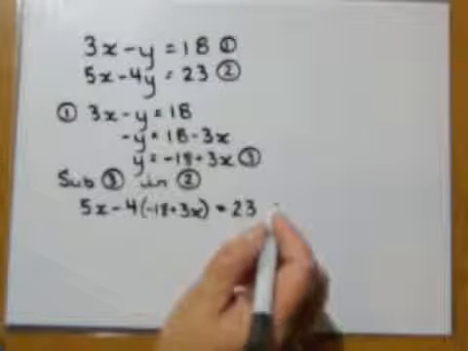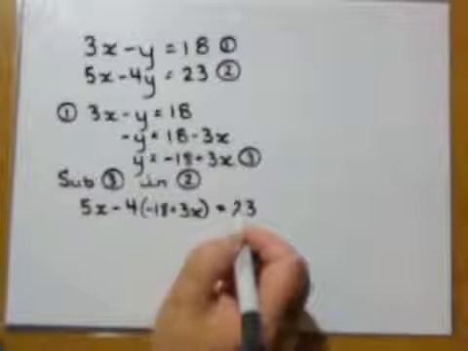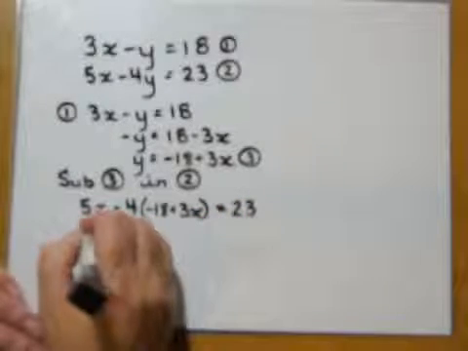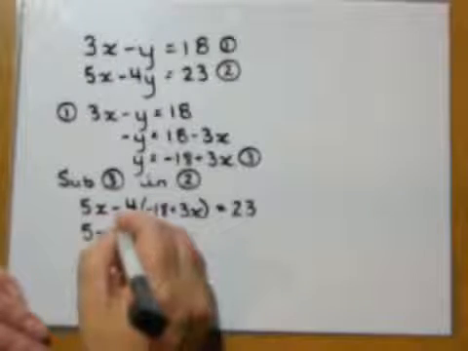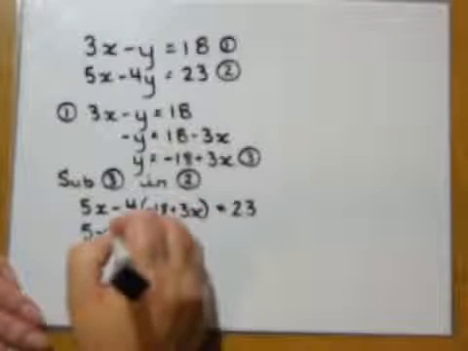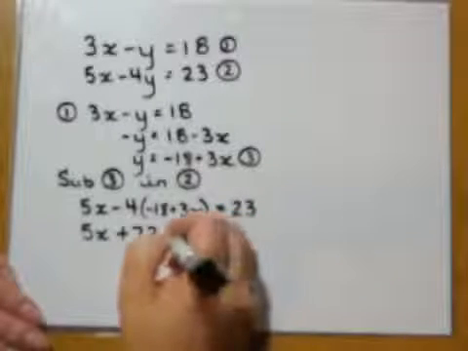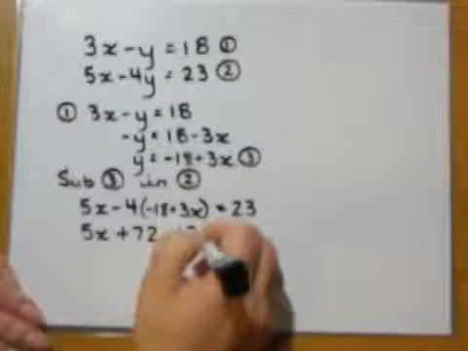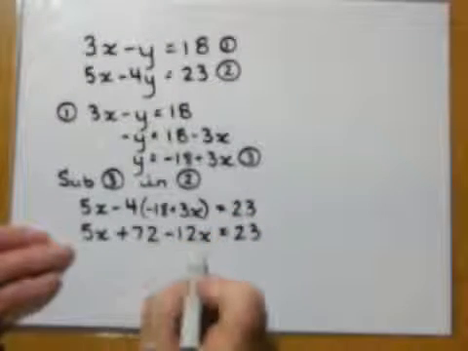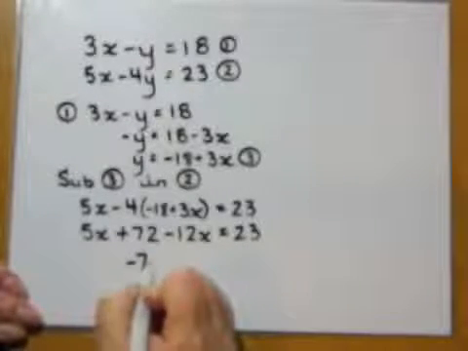Now I have to use the distributive law to expand and simplify. So what that gives me is 5x, and negative 4 times negative 18 is going to give me positive 72, and negative 4 times positive 3x is going to give me negative 12x. That's going to equal 23. 5x and negative 12x can combine and give me negative 7x.